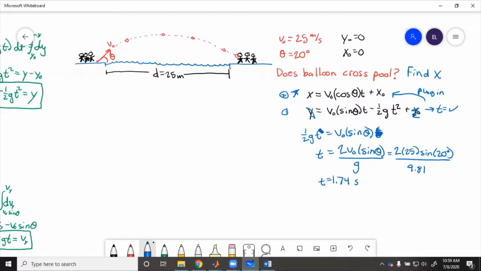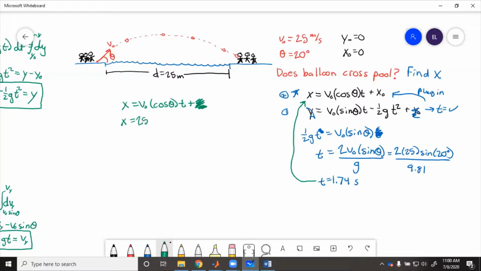And then we need to plug it into the x equation. So x equals v initial cosine theta times t plus x initial. Well, we know x initial is 0. And so we can put numbers in.